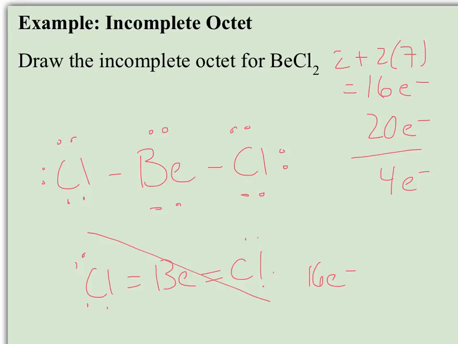Well, what happens is beryllium just forms the single bond with each chlorine, and then the chlorines get their lone pairs, and then we just leave these 2 empty spots here. And that's why it's called an incomplete octet. Beryllium is stable with just the 2 bonds or the 4 electrons around it.